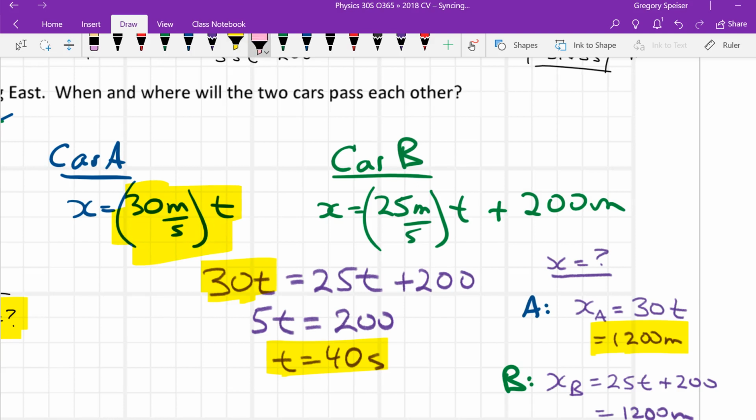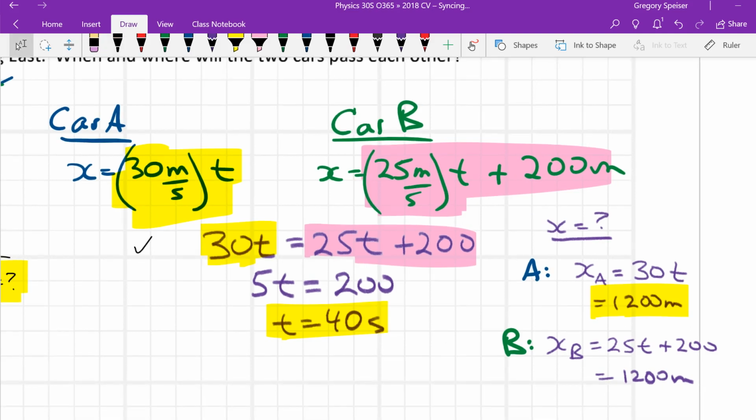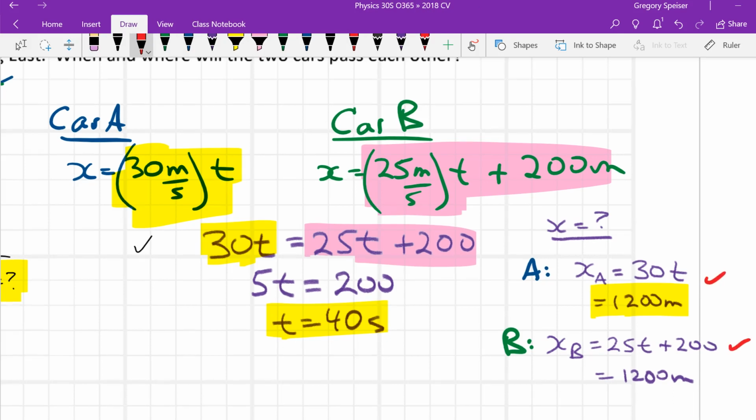Car B, this section over here, is on the right hand side. So you see where this next line right here is where I say xa is equal to xb, and I just write the right hand side of the equations. The answer I get is 40 seconds and 1200 meters. And you'll notice good practice is I plugged them both in. So this one here would be my check.